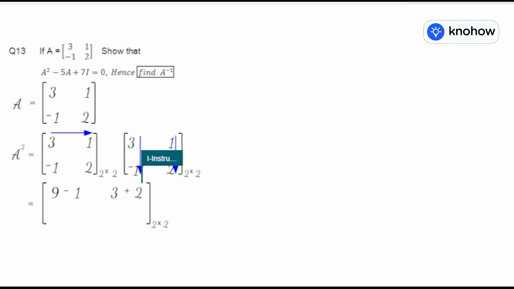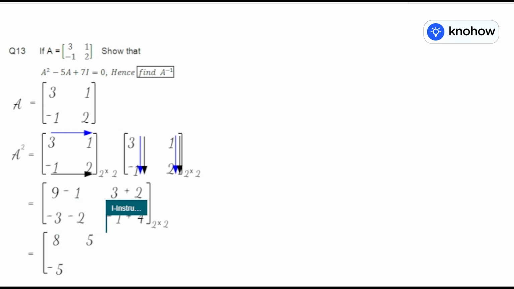And repeat the process with the elements of the second row with the first column and second column. You get minus 3, minus 2, and with the second column you get minus 1 plus 4. So working out, we get 8, 5, minus 5, 3.